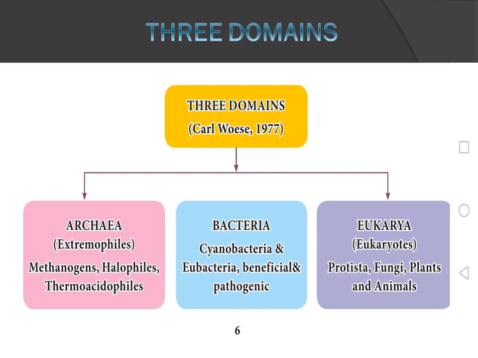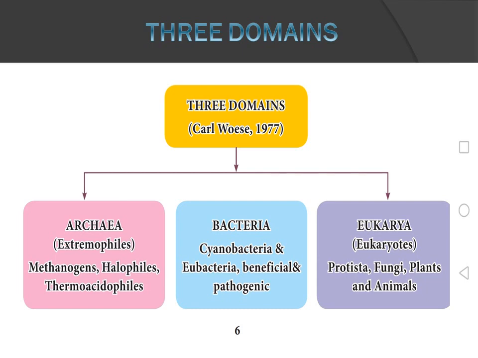Archaea includes methanogens, halophiles, and thermoacidophiles. Bacteria includes cyanobacteria, eubacteria, and beneficial as well as pathogenic bacteria. Eukarya includes the rest, like protista, fungi, plants, and animals.